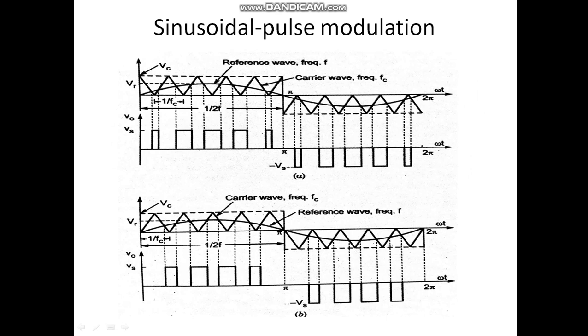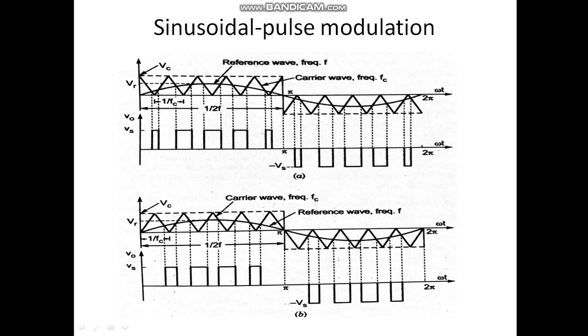Now this is sinusoidal pulse modulation. Sinusoidal pulse modulation is a very important modulation, and it is the most used modulation in power electronics. For realizing sinusoidal pulse width modulation, the high frequency triangular carrier wave VC is compared with the sinusoidal reference wave VR. In previous cases, the reference wave was rectangular.